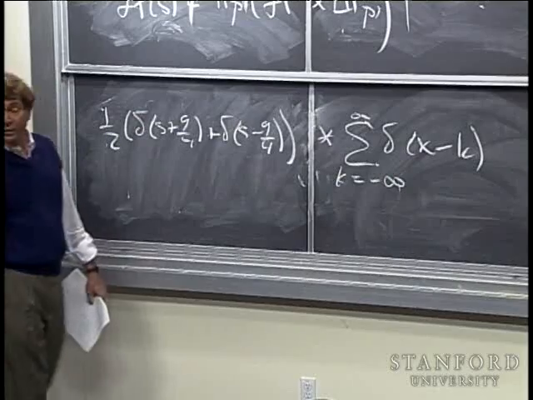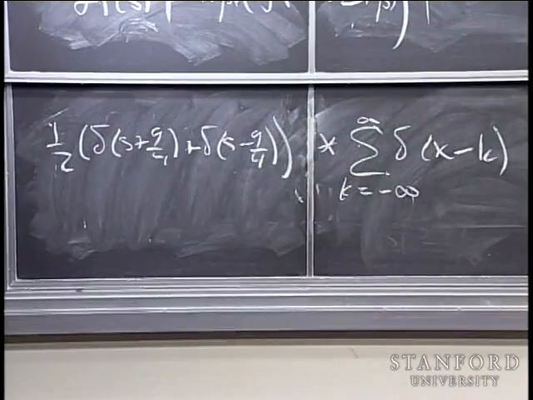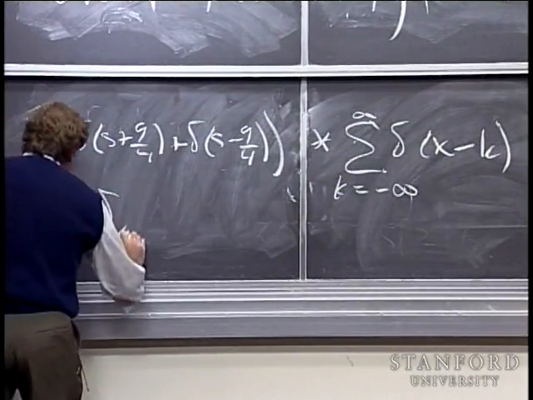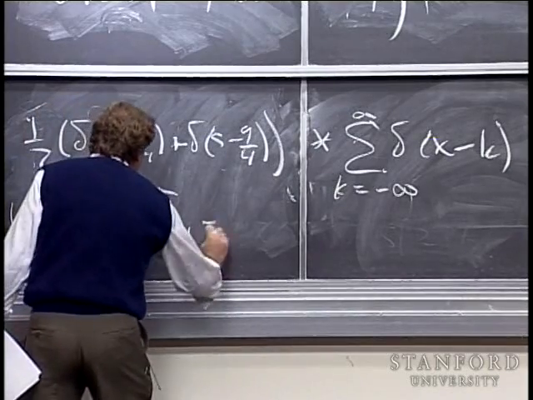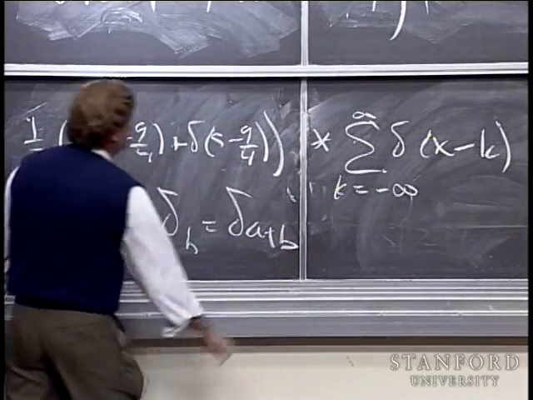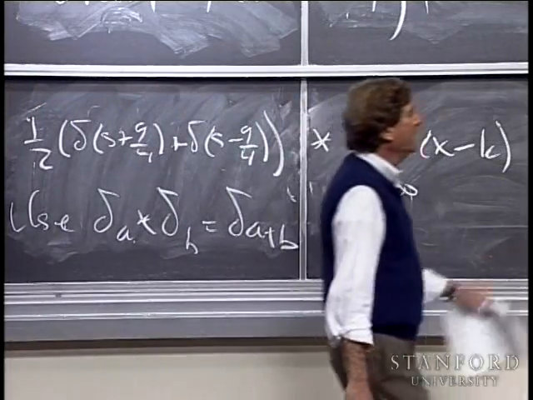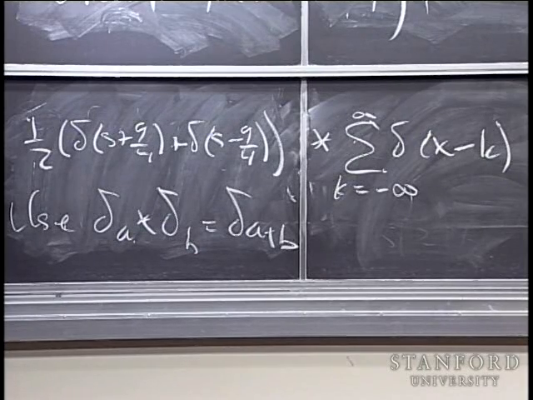All you use is a formula for convolving shifted delta functions: delta a convolved with delta b is delta a plus b. And you find if you do that, you get a bunch of arrows.